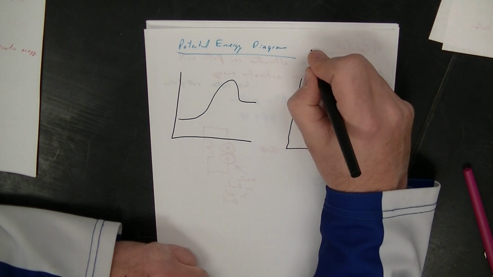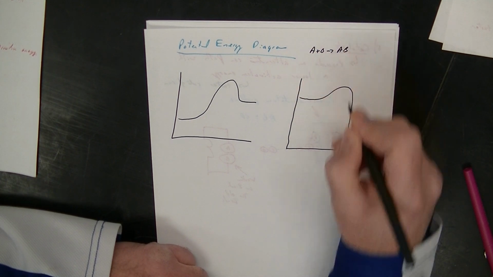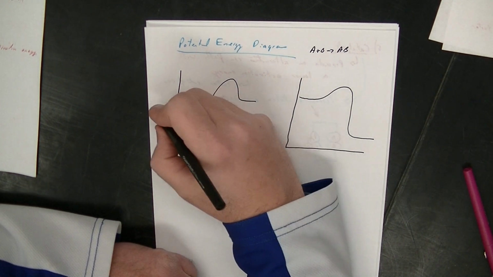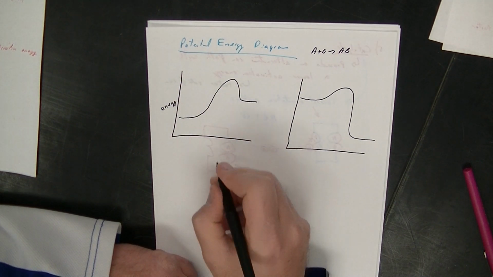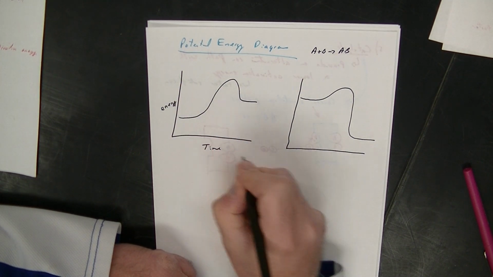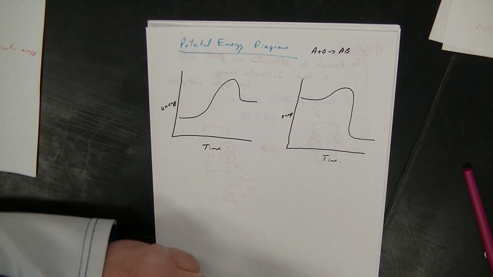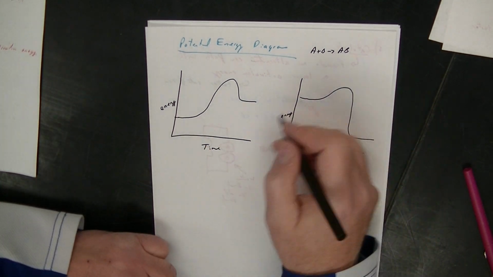Let's look at what happens if we have A plus B going to AB. So this is going to be energy changes. This is a graph, and it's going to be over time. So we can get numbers during a reaction.